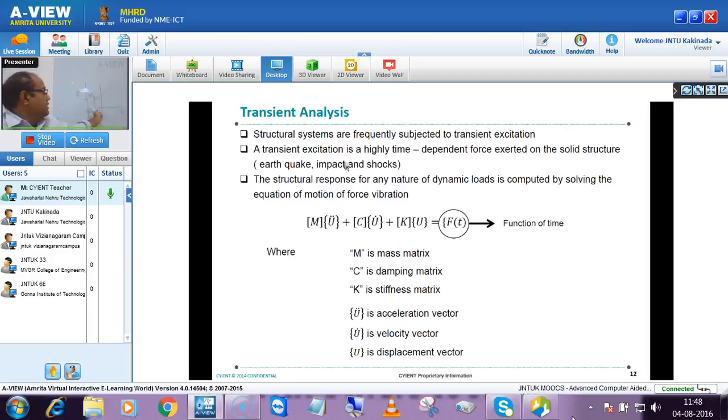Sometimes there is cycling load, so there will be load variation happening in the component as a function of time.